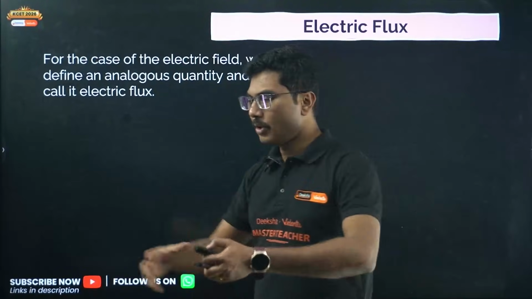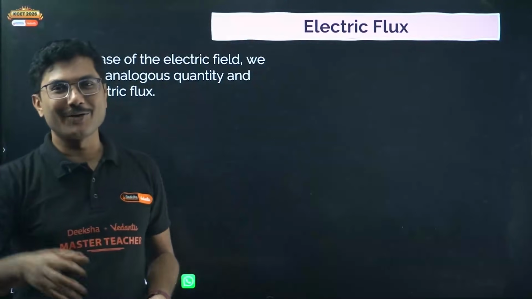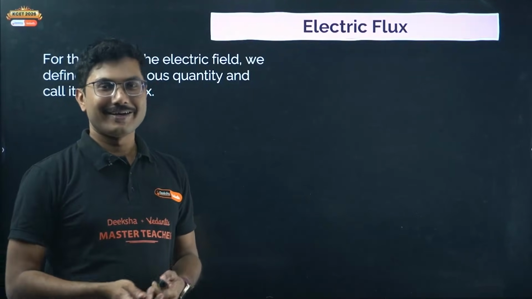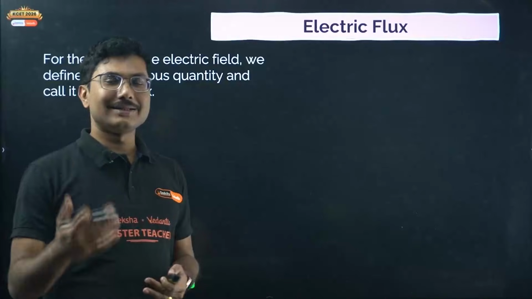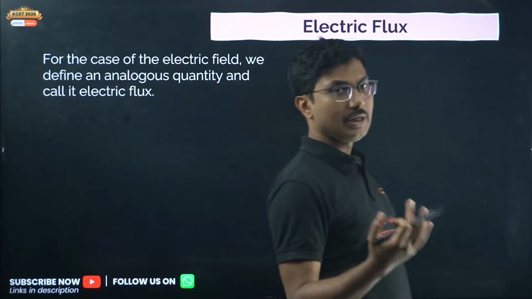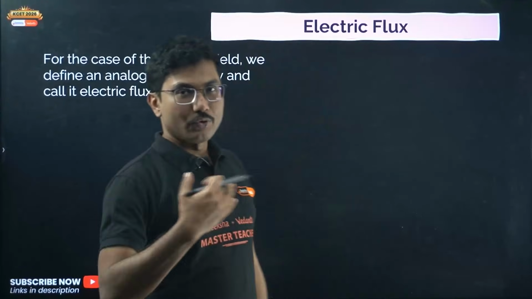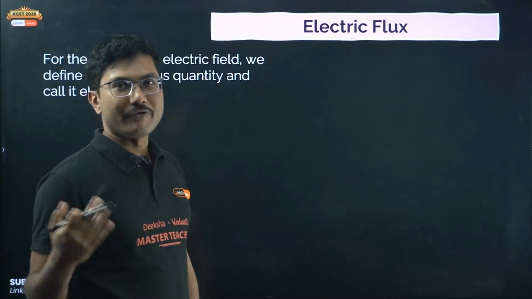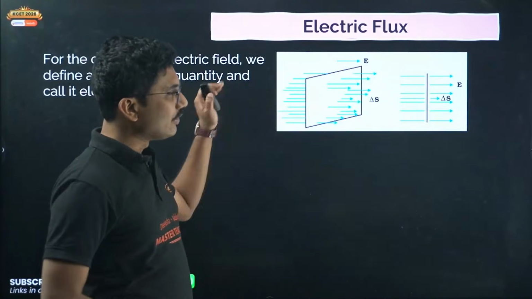You may not be able to collect the electric field coming out of a surface in a container, which is why it is called an analogous quantity. Even though the electric field is not something which is flowing, its magnitude varies as you go in a direction, and that is why we use the same concept.